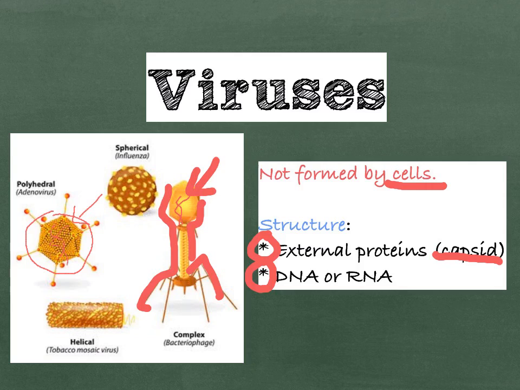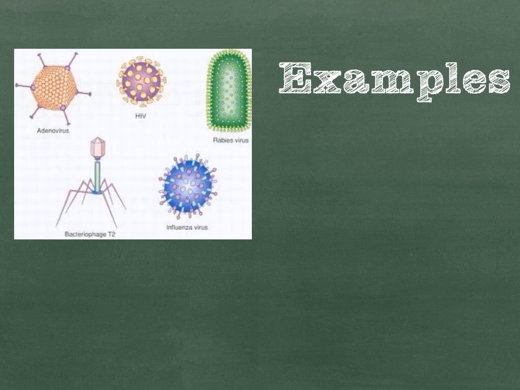They don't have membranes, they don't have organelles, and besides that, they do not possess any of the characteristics of living things. In the world, we can find many different types of viruses, many different shapes, and many different cells or organisms that they can infect.